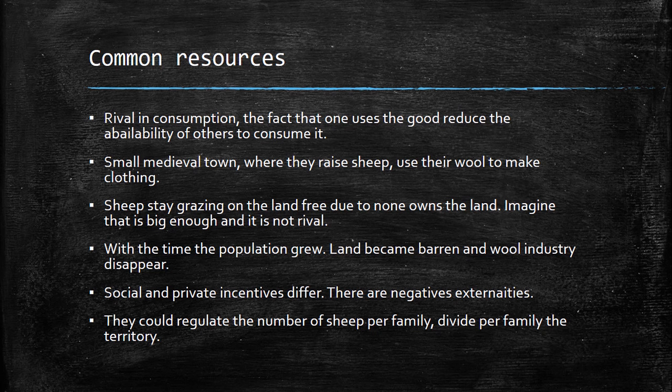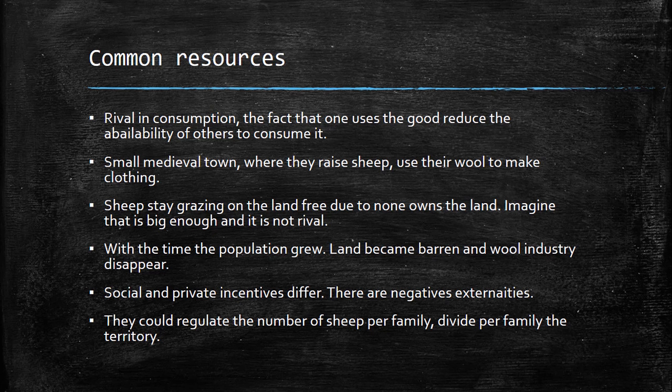As you know, people have a vast place to raise sheep. So in this case, sheep graze on the land freely because no one owns the land. We can imagine that it's big enough, so this is not rival. So we are in a public good.